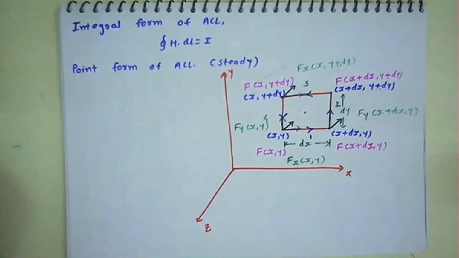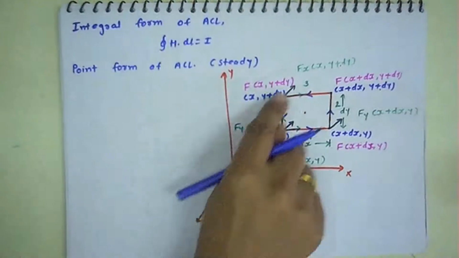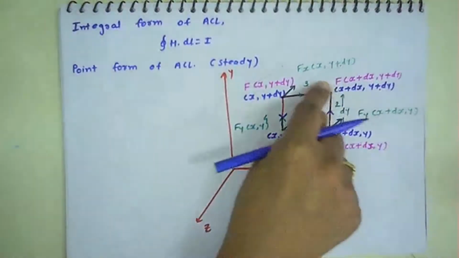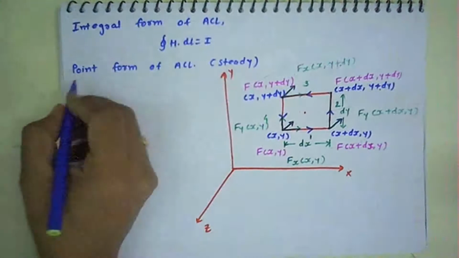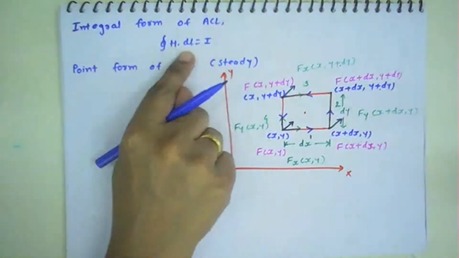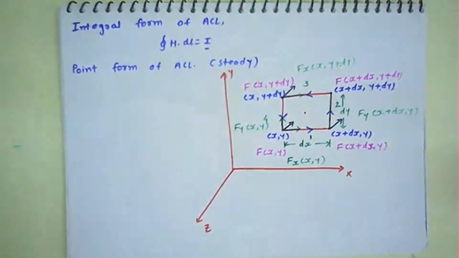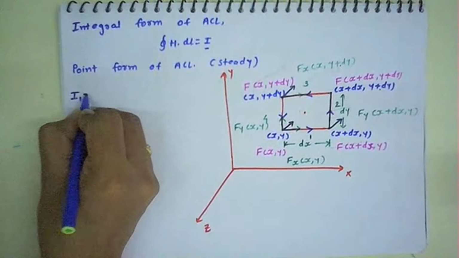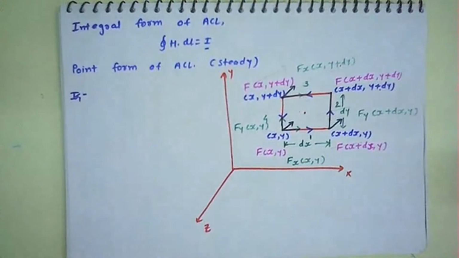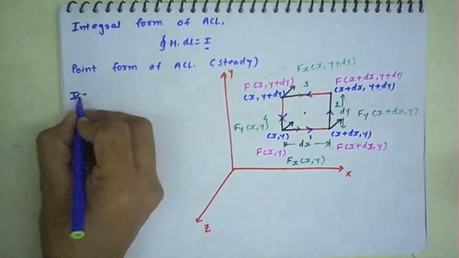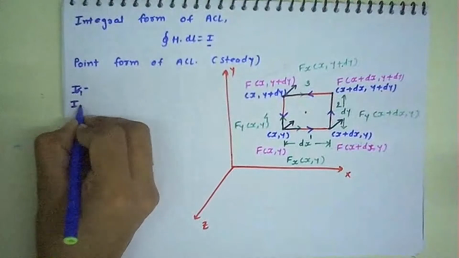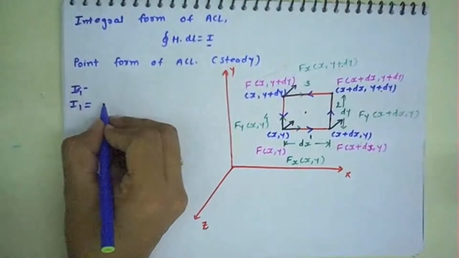Now, if we want to find the point form of this vector f, we'll start with the integration over this closed path. By applying the integration over the closed path, we know that we get the current I. In segment number 1, let us assign I1.